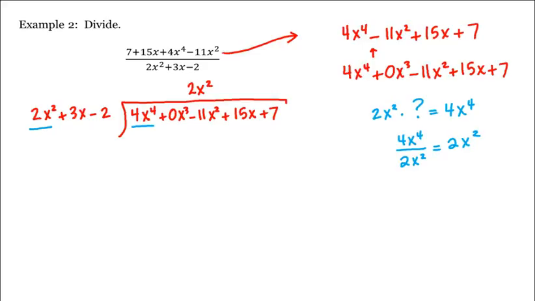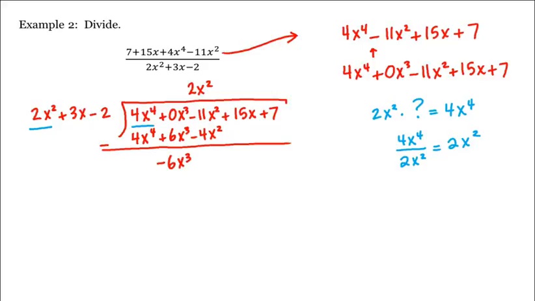And then we multiply 2x squared by the entire divisor, 2x squared plus 3x minus 2, which gives us 4x to the fourth plus 6x cubed minus 4x squared. And now we subtract. 4x to the fourth minus 4x to the fourth is 0. And then 0x cubed minus 6x cubed is negative 6x cubed.